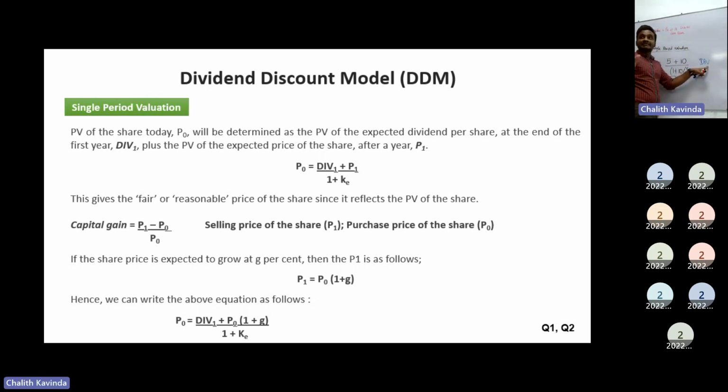We are considering future cash flows, so it must be the next year dividend plus your selling price, divided by the cost of capital rate. And if we convert this into algebraic terms, this is how you get it.